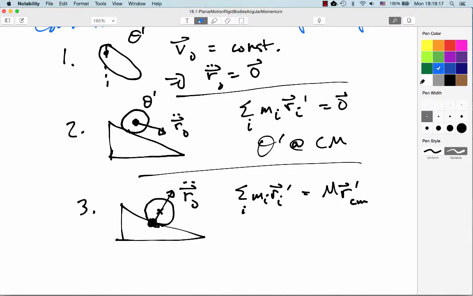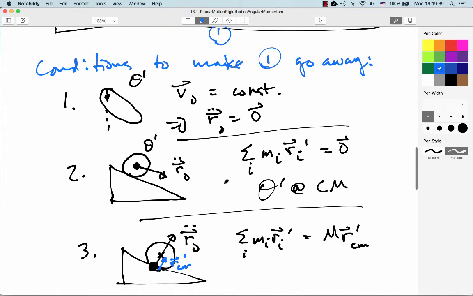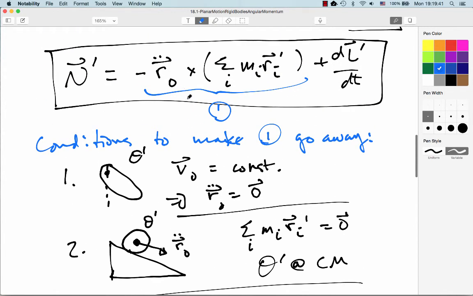In the way I've drawn it here, this would be my R_CM prime like that. So in that case, I've got my acceleration of the system, say this whole thing's in a rocket accelerating that way, and it's either parallel or anti-parallel with this R_CM prime. And then that's still okay, because that makes the cross product vanish.